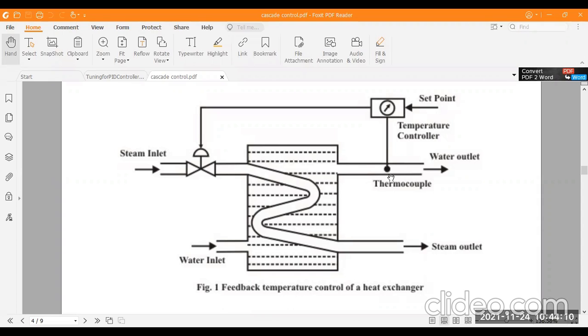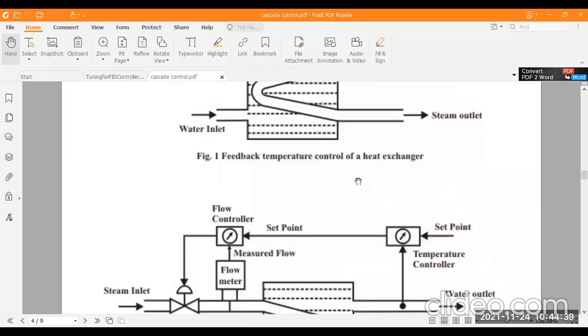The temperature measurement uses thermocouples at the outlet of the water channel. This is the water outlet. When the user sets the temperature and the desired temperature matches the set temperature, the water flows out from here. So this is a basic example system for cascade systems.